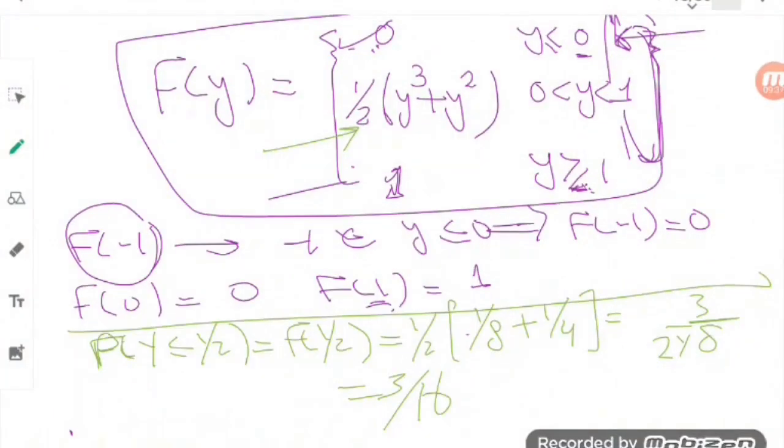by the probability that y is greater than 0.5, which means half, given y is greater than 0.25, which is 15 minutes.